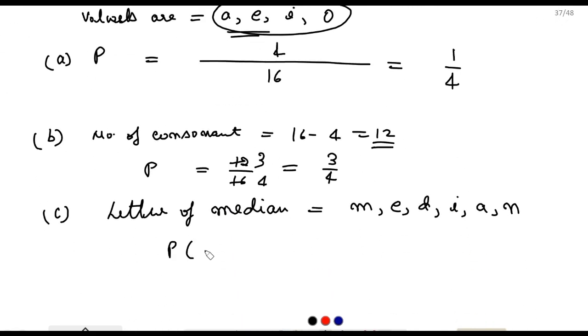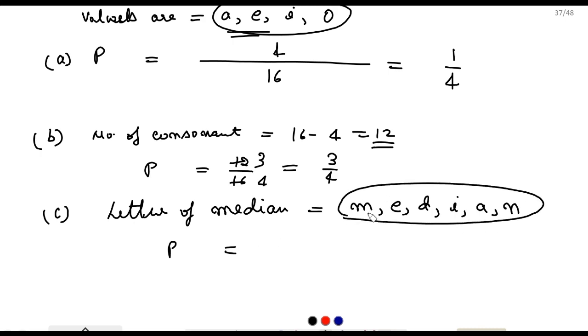Then probability of this case that we don't have this card, then total number of cases are 16 and number of favorable cases ये हमें नहीं चाहिए 1, 2, 3, 4, 5, 6. So इसको minus कर दीजिए. Number of favorable cases are 10 and total number of cases are 16. Means probability of this case is 5 by 8.